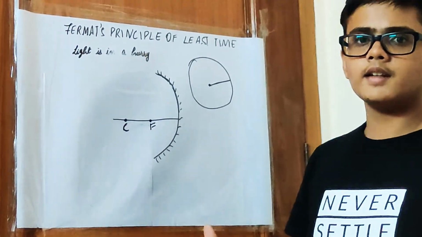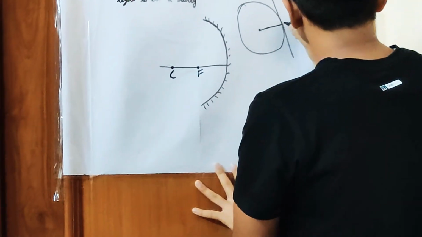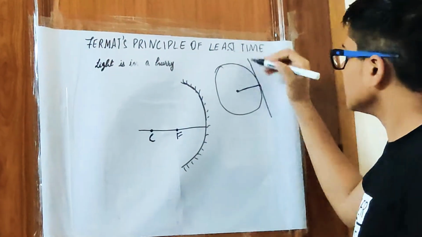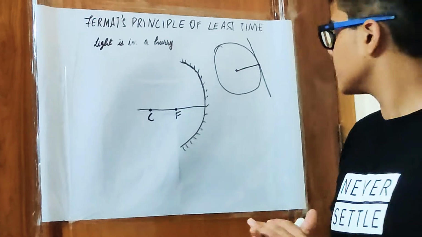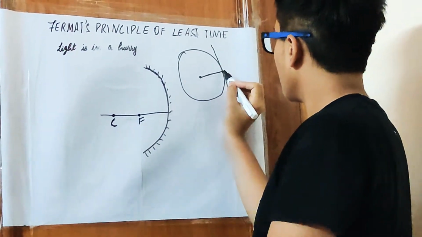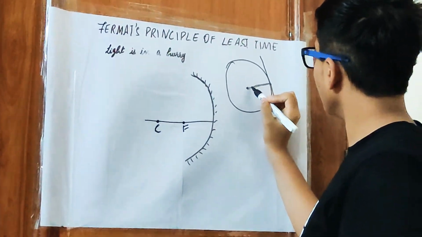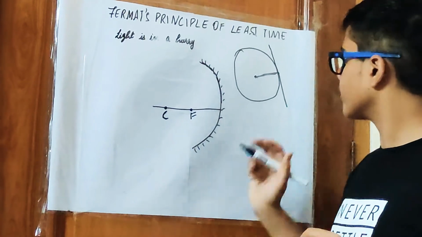You're going to learn this in geometry. Now this is the tangent. And you can draw infinite tangents for a circle. There is a law in geometry which states that the tangent is perpendicular to the radius at the point of contact.